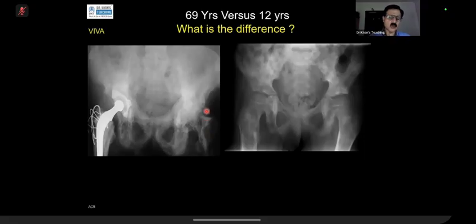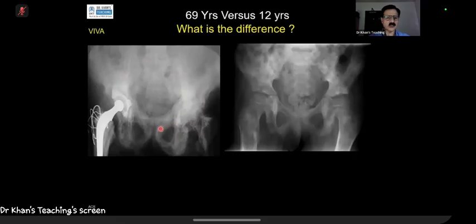Excellent, well done. So the idea here was to show you a case of diffuse Paget's disease. And if your eyes are not developed, then you might wonder, what is happening? Is it also moth-eaten? No, it is not. In Paget's disease, the first difference is the age difference. This is a child, this is a 69-year-old. Even if I don't tell you, you can understand that this is old age.